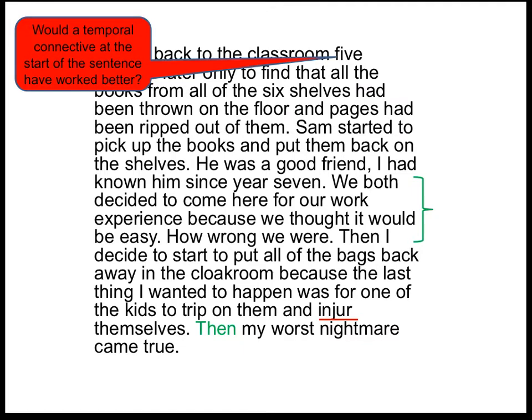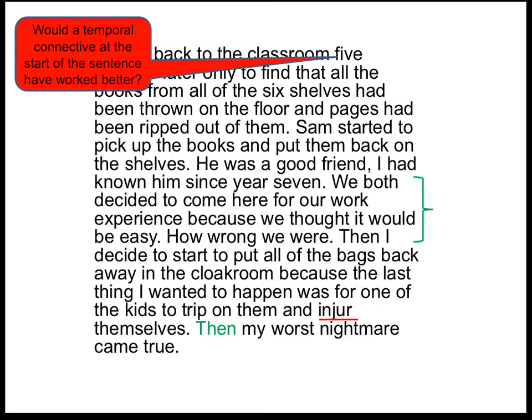This paragraph begins with I came back to the classroom 5 minutes later, only to find. And we would wonder if perhaps this particular sentence would be better to be reworded. Perhaps it could have started with a temporal connective. A temporal connective is a time connective.